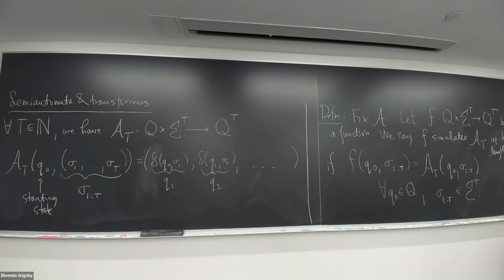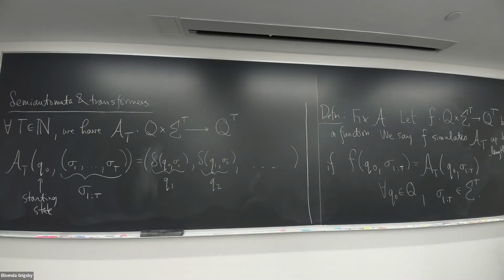The way that this is stated in the paper is actually for a particular input state and a string. I changed it to this because I think that it's harder to simulate the transition function if you need to do it for all the states as opposed to just one.